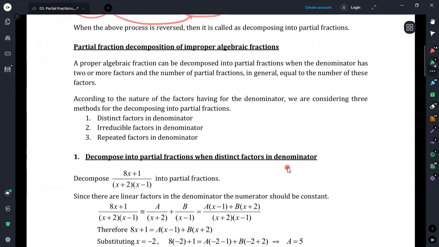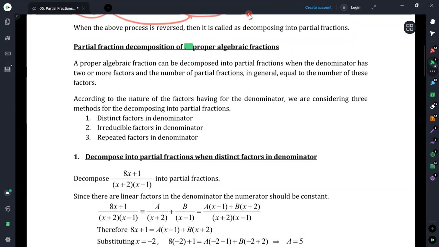Here we will first consider not the improper fractions, but the partial fraction decomposition of proper algebraic fractions. Therefore, we are going to discuss the techniques that we can use to decompose proper algebraic fractions into partial fractions.